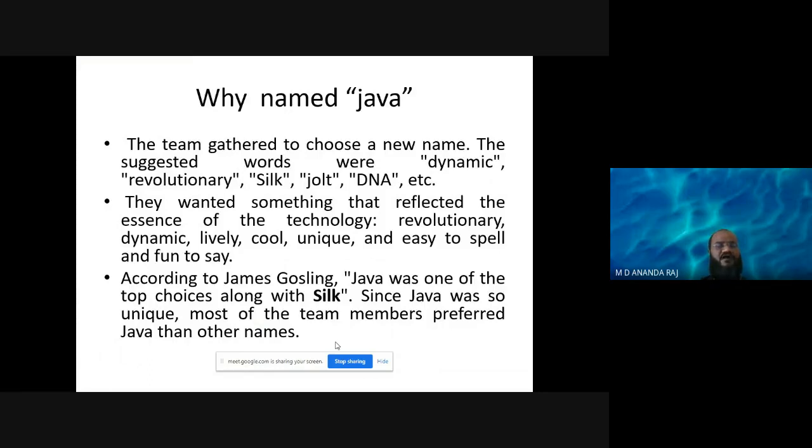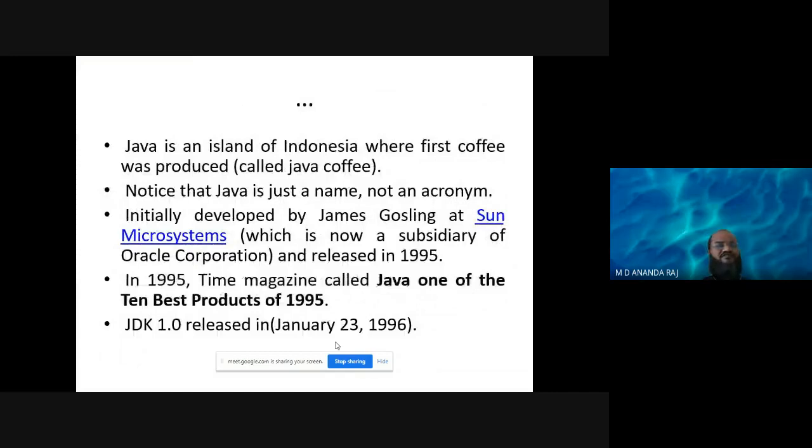According to James Gosling, Java was one of the top choices along with Silk. Since Java was so unique, most of the team members preferred Java over other names. Java is an island of Indonesia where the first coffee bean was produced, called Java coffee. Notice that Java is just a name, not an acronym.